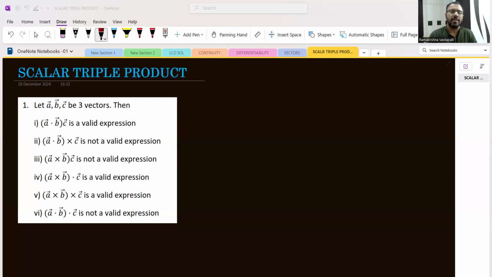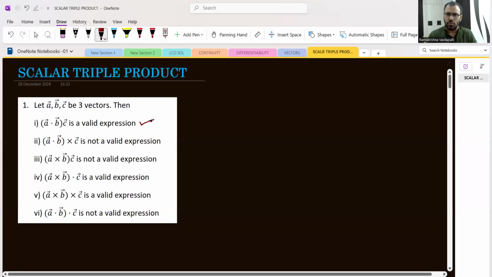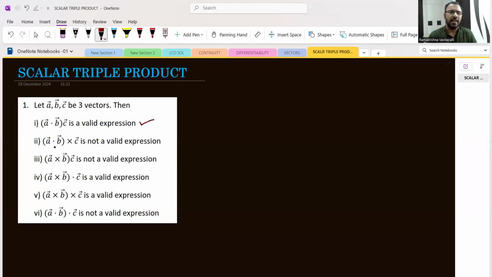Here are a few things which I wrote. A dot B into C is a valid expression because this is scalar into vector. A dot B cross C is not a valid expression, because here this is a scalar quantity and this is a vector quantity.